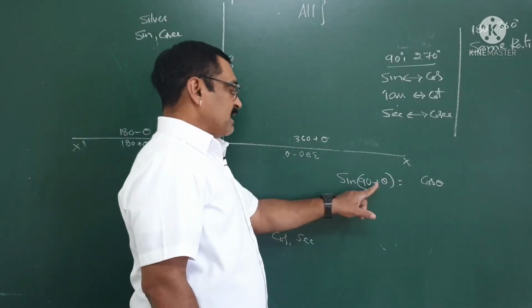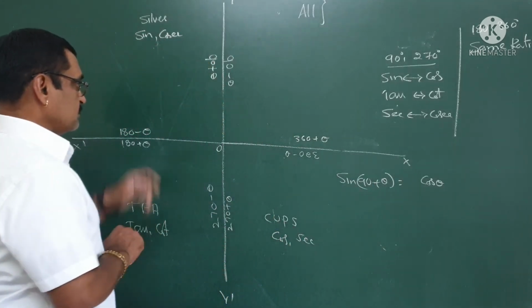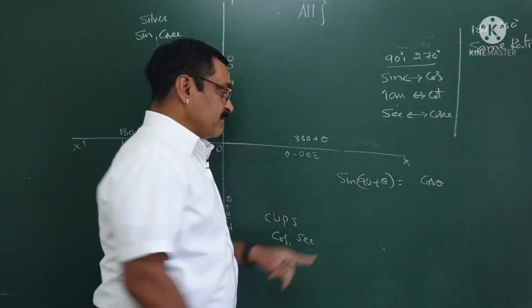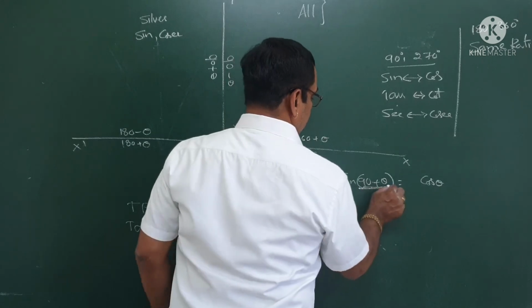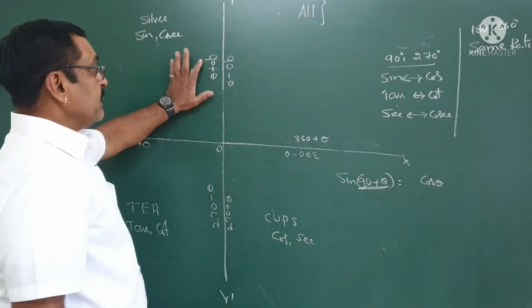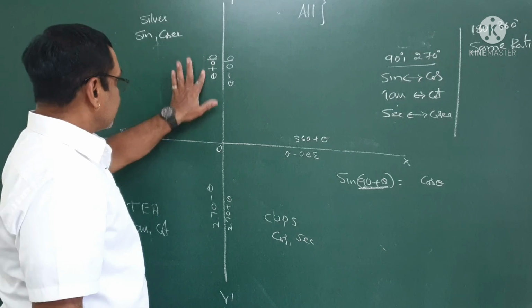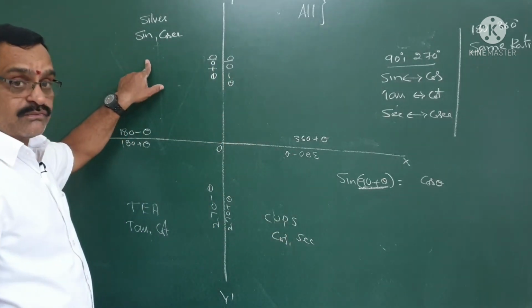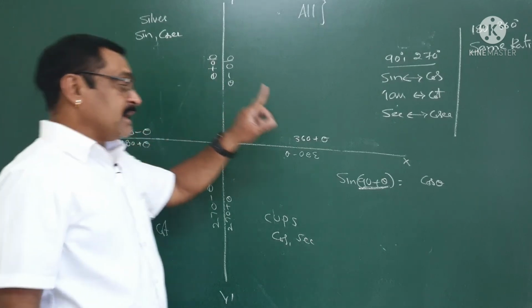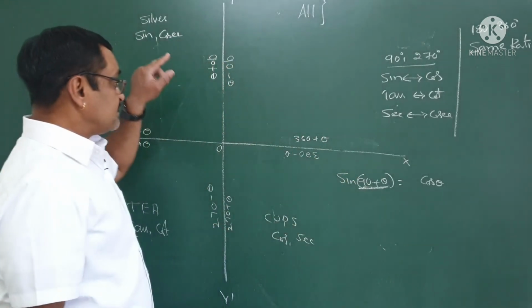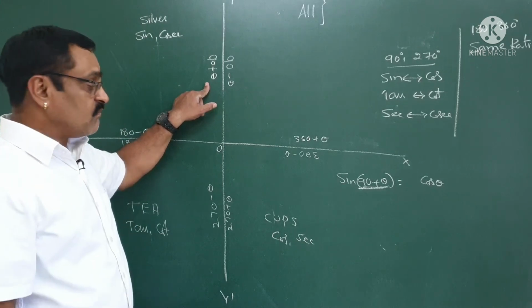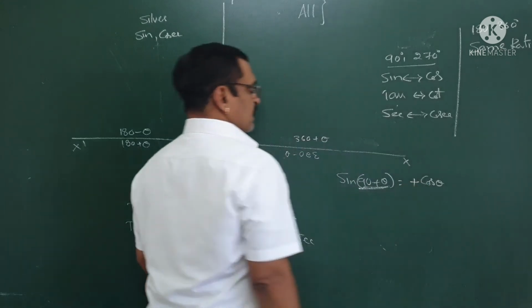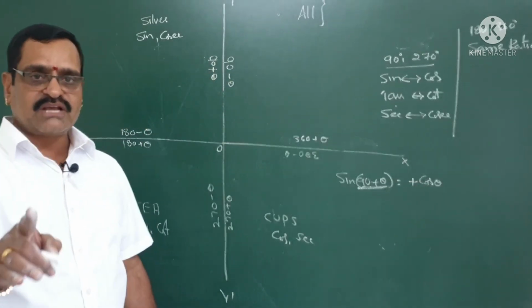Step number 2, 90 plus theta lies in the second quadrant. In the second quadrant, my sine is positive. Again repeat, 90 plus theta lies in the second quadrant. In the second quadrant, sine is positive, so put a plus sign. So sine of 90 plus theta is equal to cos theta.